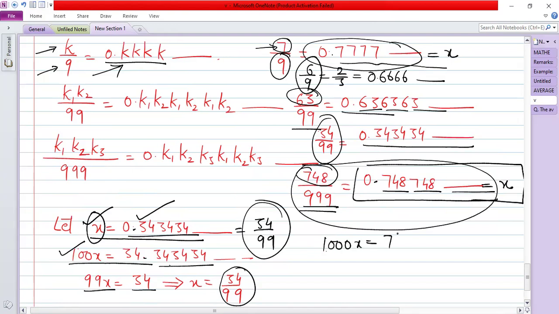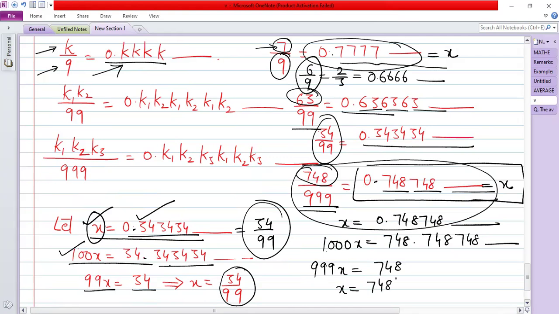That will be nothing but 748.748 and so on. And obviously, what is our x? x is this thing. So when we subtract, we have 748. So x will be nothing but 748 divided by 999.